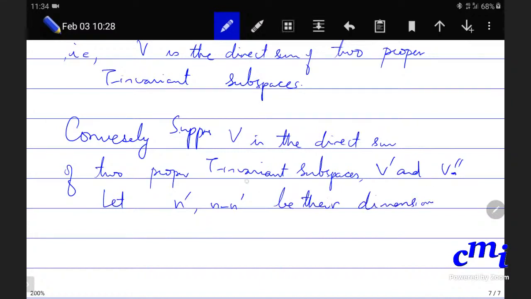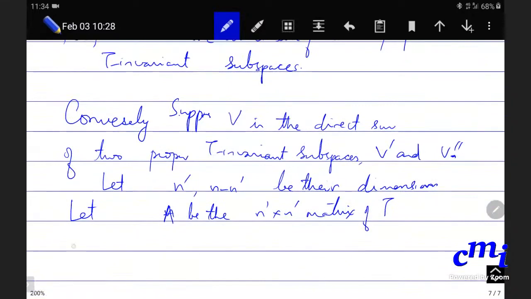They're complementary to each other because it's a direct sum. So let A be the n prime by n prime matrix of T for its action on V prime. Similarly, sorry, that is not really correct.